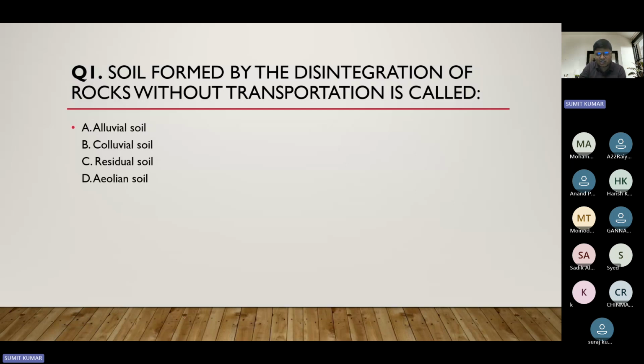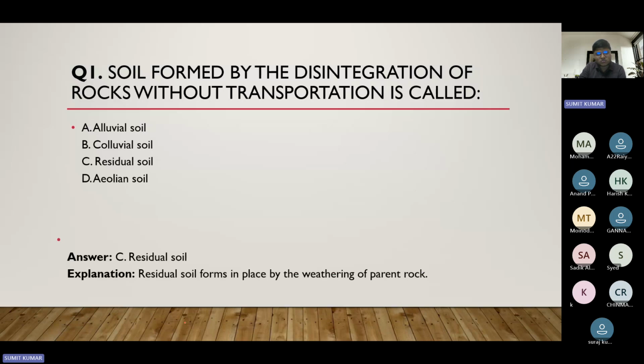But if you are comfortable, you can write in the chat box as well. Right. So the soil formed by the disintegration of rock without transportation is called residual soil, because it is formed at that place only, the place where the parent rock and the weathering of the parent rock takes place.